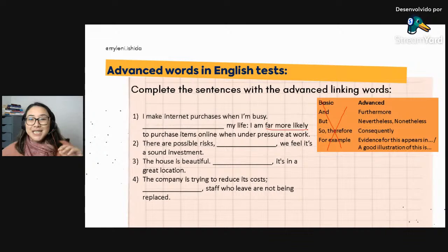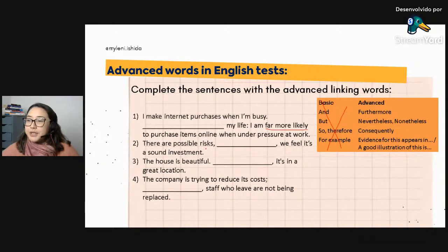The probability is higher for me to purchase, to buy items online when I am under pressure at work. Which one would you put here in number 1? Furthermore, nevertheless, consequently, or "evidence for this appears in", or "a good illustration of this is". Okay, this is how you should do.